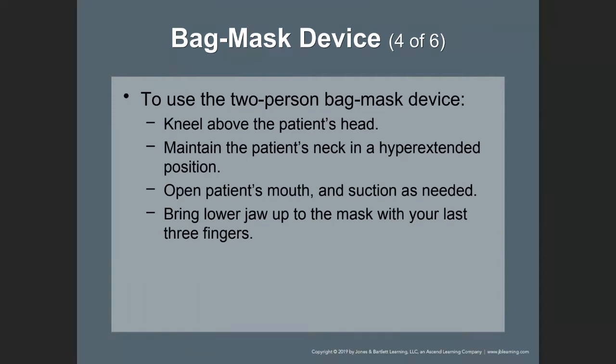To use a two-person bag mask device, kneel above the patient's head, maintain the patient's neck in a hyperextended position, open the patient's mouth and suction as needed. Bring the lower jaw up to the mask with your last 3 fingers.